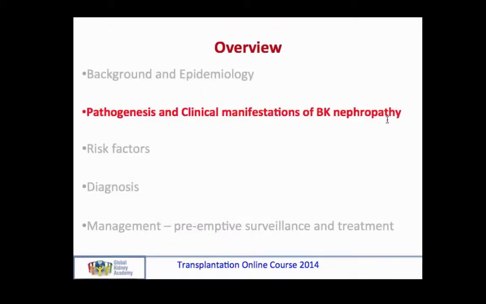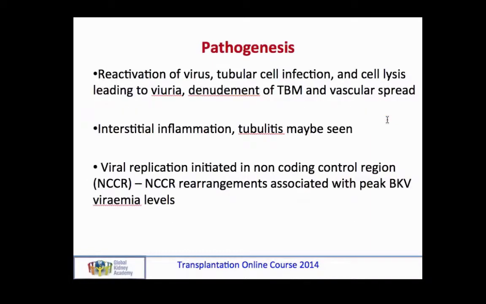Okay, so let's just talk a little bit about the pathogenesis and clinical manifestations of BK nephropathy. So you have the virus that's sitting latently in the renal tubules. With the administration of immunosuppression, you get reactivation of the virus, effectively causing tubular cell infection and damage, leading to cell lysis, and that will cause viuria.